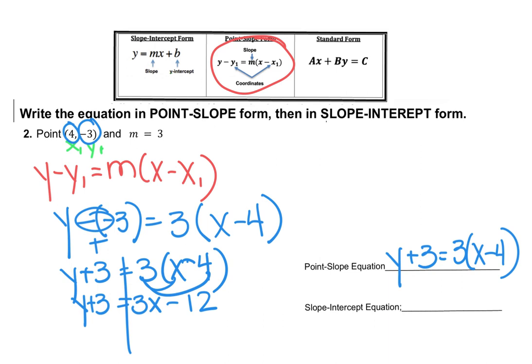And now we want y all by itself, so we'll subtract the 3. And so we have y equals 3x minus 15. So in this lesson, we reviewed writing equations in slope-intercept form and writing equations in point-slope form.